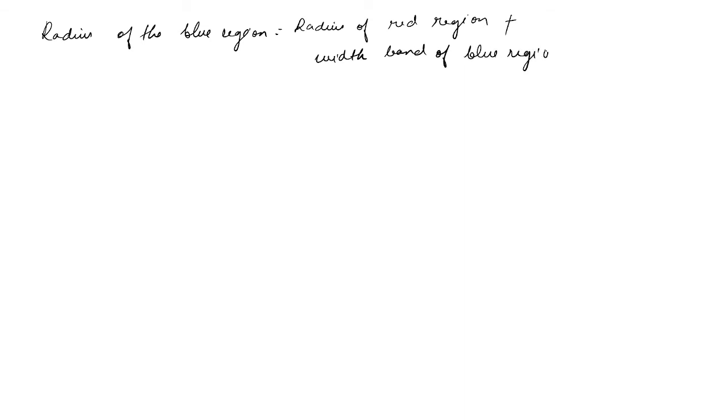So this is the area of red. What did you find out? The radius of the red region as 21 centimeter, and the width band is increasing by 10.5 centimeter. You can directly write it as 21 centimeter plus 10.5, it's usually understood, 31.5 centimeter.